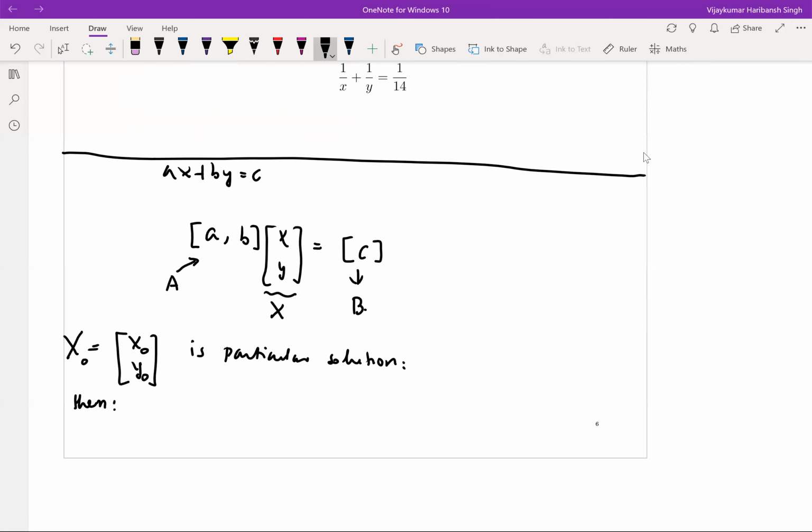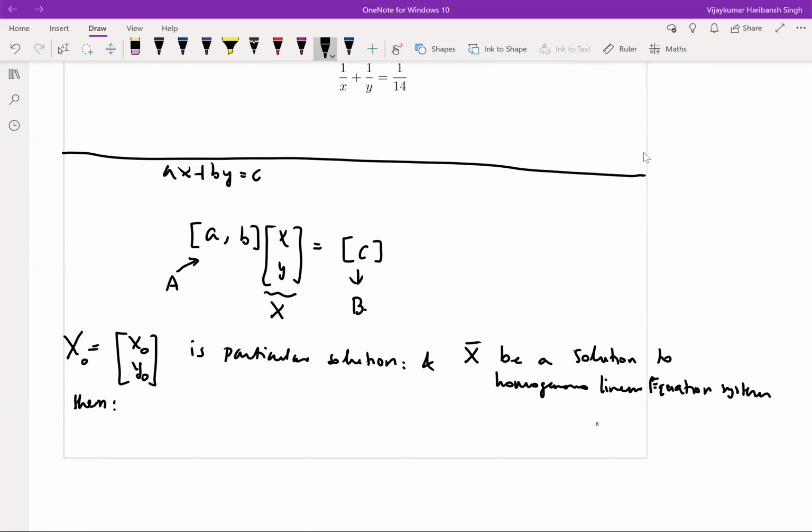Let X bar be a solution to the homogeneous linear equation system.